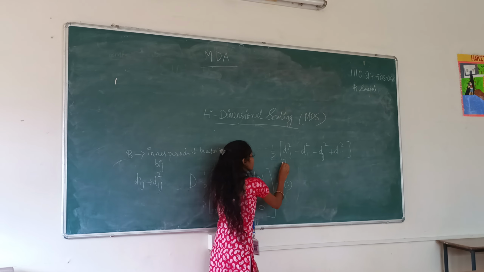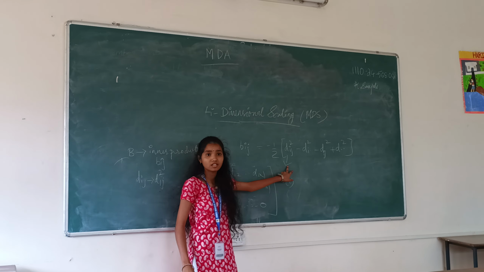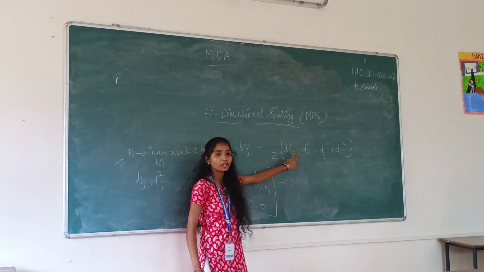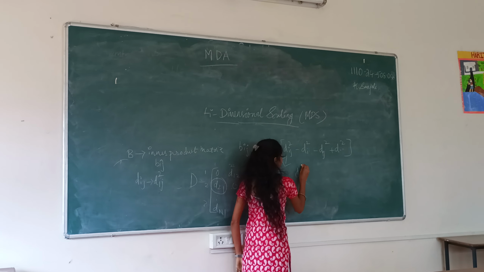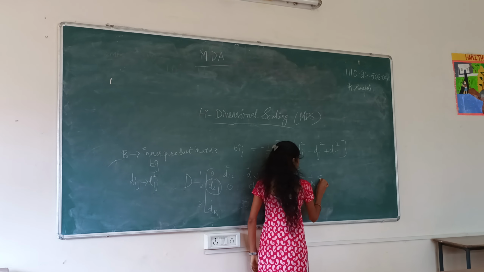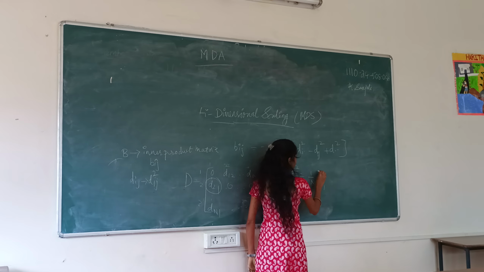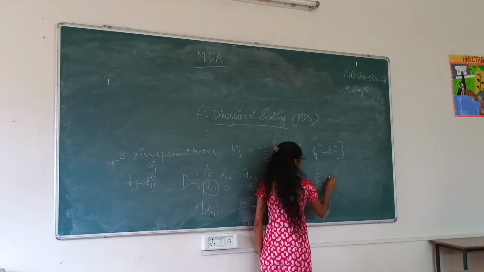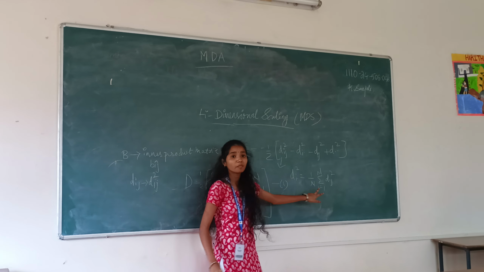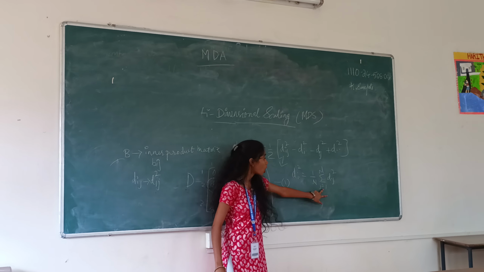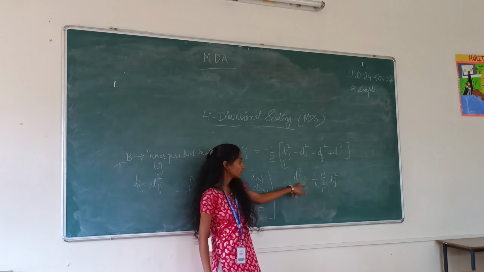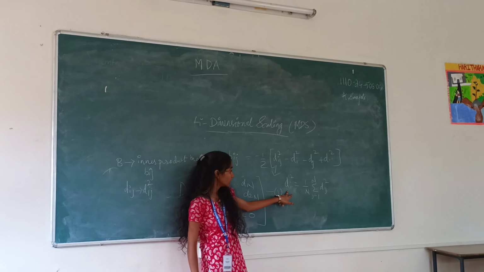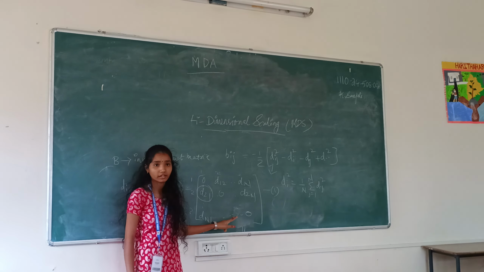This Dij is the squared distance between object i and object j. Di dot square is 1 by n summation j equals 1 to n of Dij square. This is the mean square distance from object i to all other objects. Here we are taking i dot, so from object i, all the other objects in this matrix.